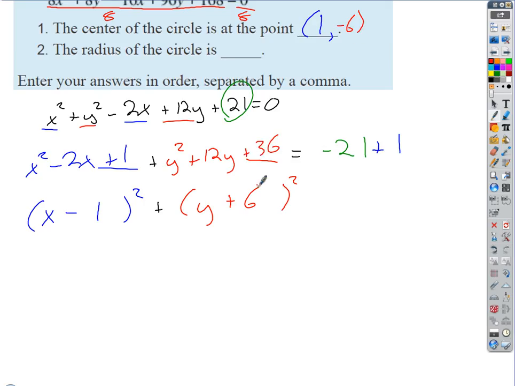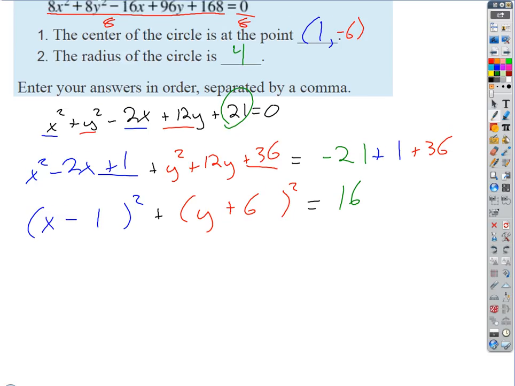To get that, I've got to add 6 squared, or 36, to both sides. So we end up with, what do we get here? Negative 21 plus 1 is negative 20, plus 36 is 16. And so the square root of 16 is 4.